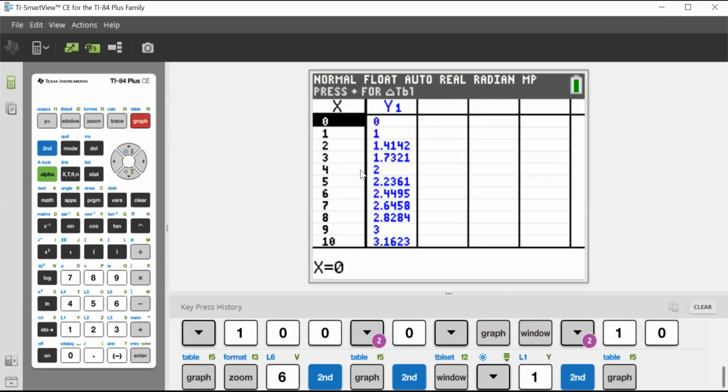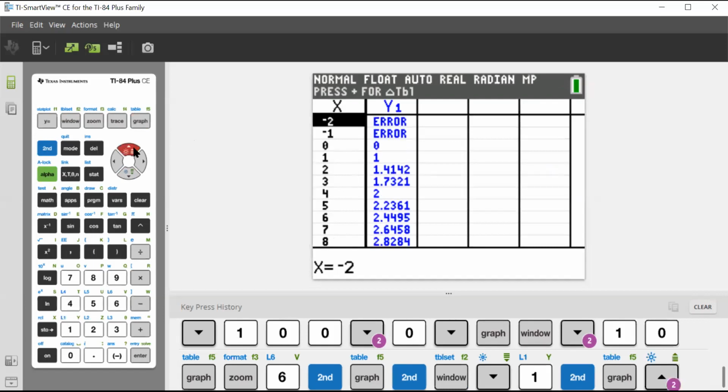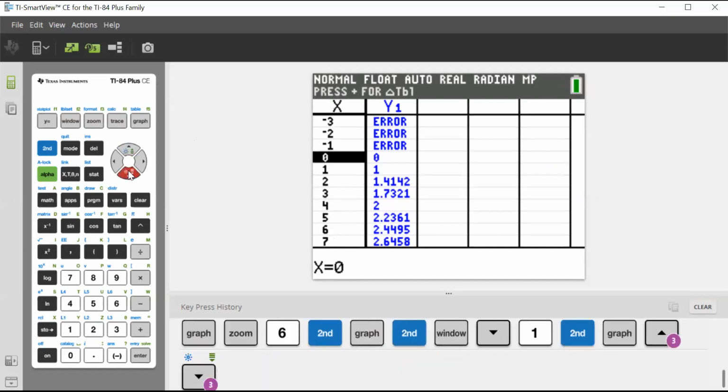Okay, so it takes me to a table of values that shows me for each input what I get as the output. And notice for this one, because we're doing the square root function, if I go into negative numbers going up, I get errors. But if I go down into the positive numbers, we get lots of good answers there. And so this can be a way, if we want to check the output value of a function at a particular point, we can do that here.